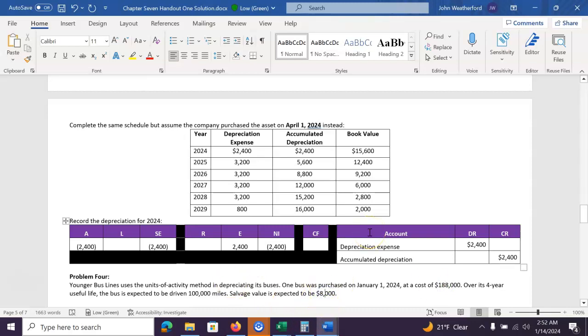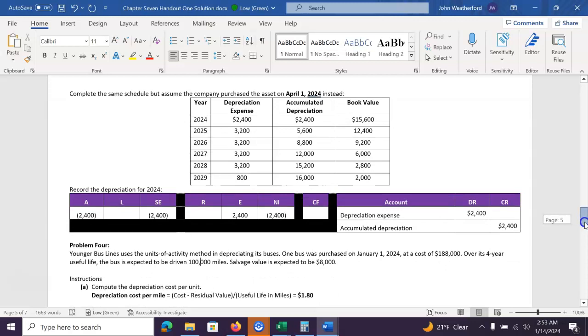So our depreciable cost is $180,000, which we'll divide by our activity base, 100,000 miles. And we get $1.80. That's depreciation cost per mile.